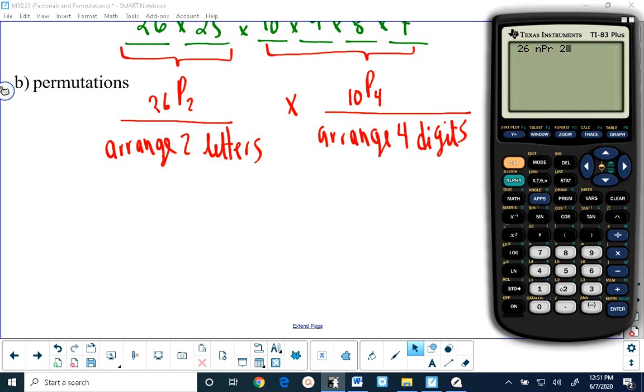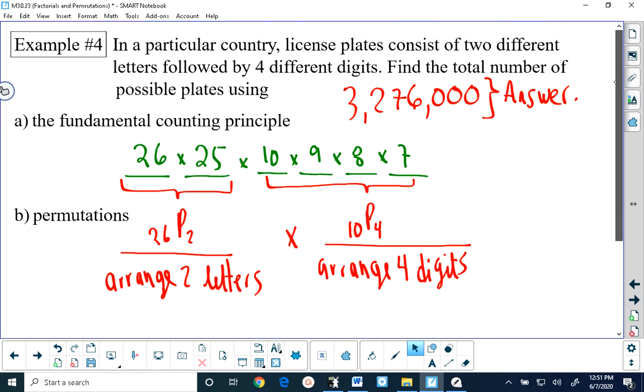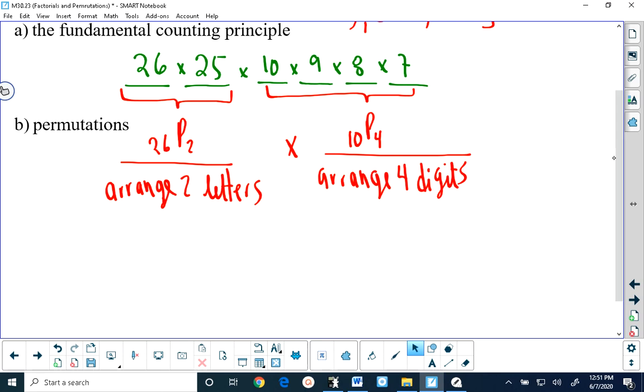This will be equal to the 26 times the 25. Now I can multiply by 10P4, and I get the exact same answer, 3,276,000, which is our answer. And this is a lot slicker doing it with permutations in your calculator, because if the number of different stages becomes more complex, then writing out a bunch of blanks becomes very tedious.